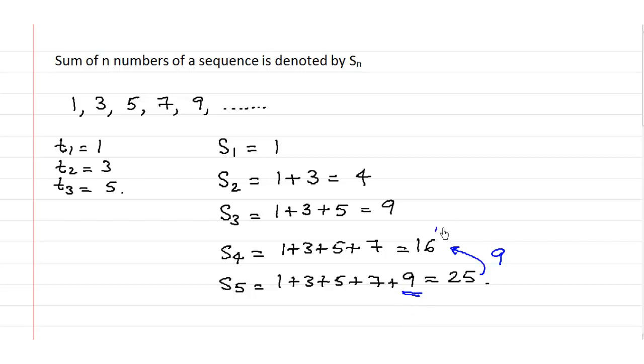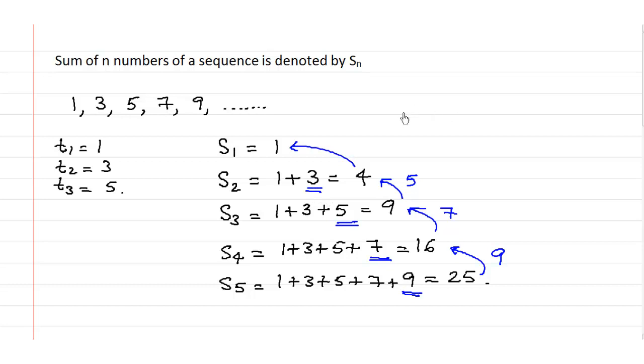If you subtract 16 and 9, you get a 7, which is this particular number 7. If you subtract 9 and 4, you get 5, which is in fact this particular number 5. And if you subtract 4 and 1, you get a 3, which is this particular number 3.